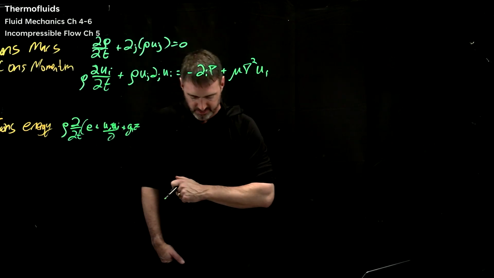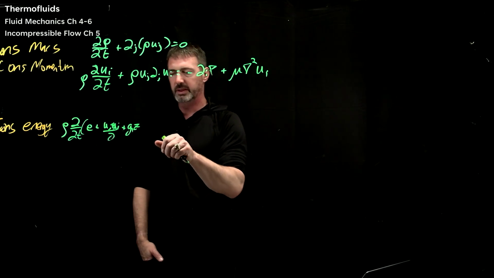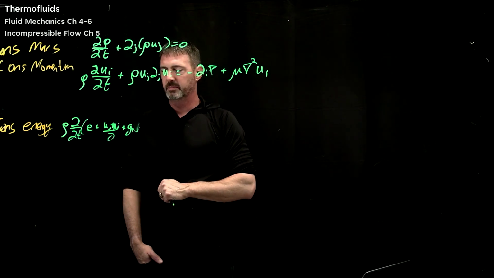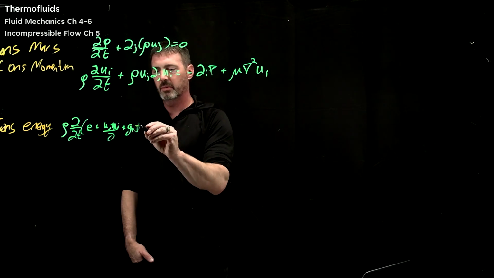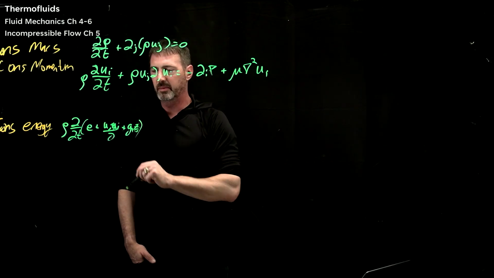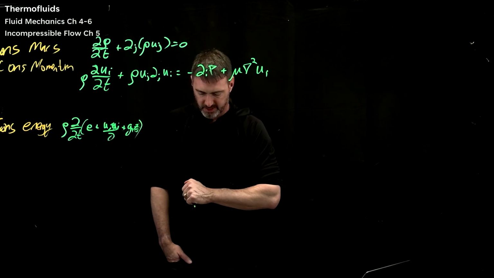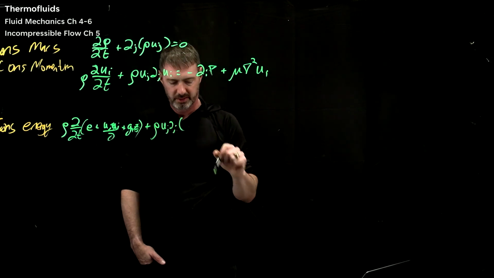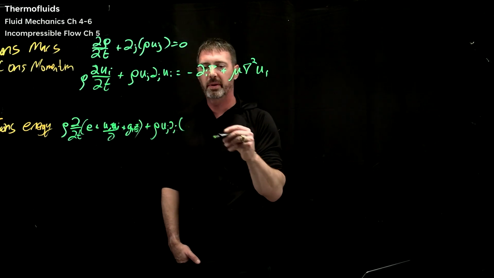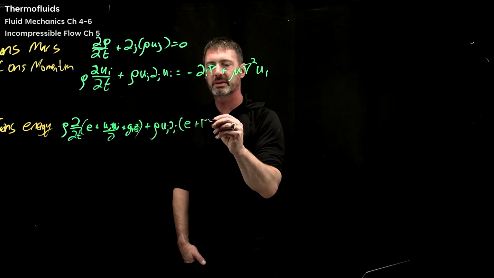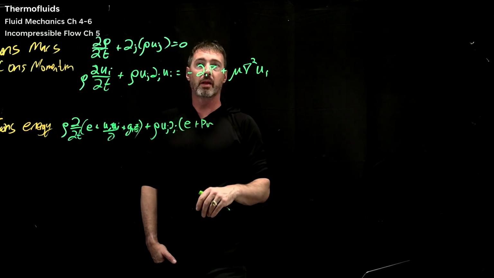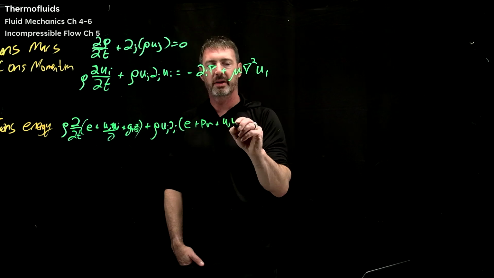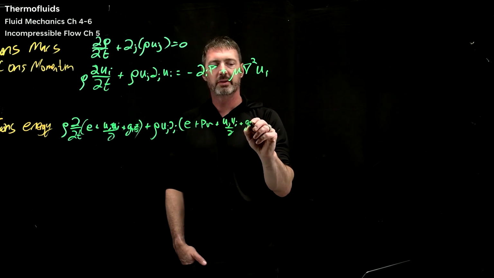Actually no, it'll require z. That's the potential energy. And then we have a rho uj del j, and here I'm not going to use the enthalpy. I will go ahead and stick it as E plus PV. That would be enthalpy. You'll see why in a second. Plus uj squared over 2 plus gz.